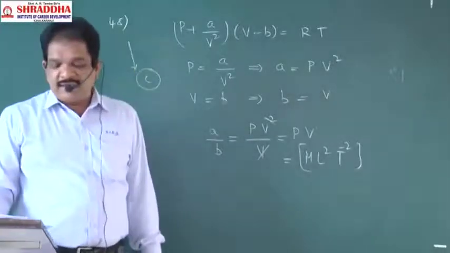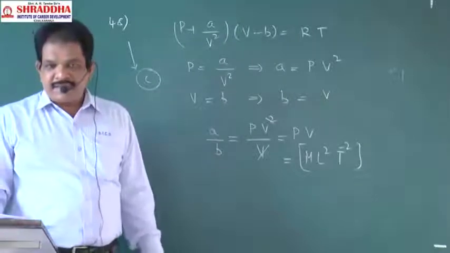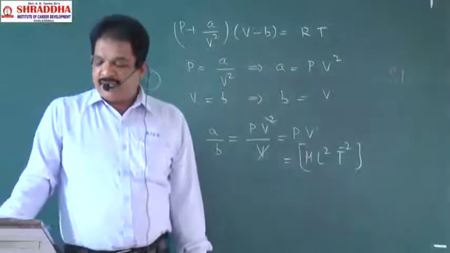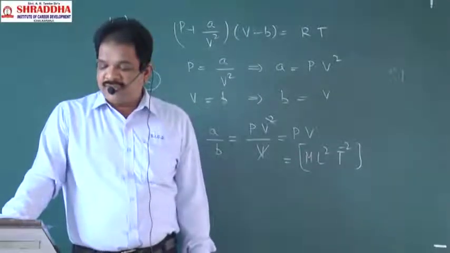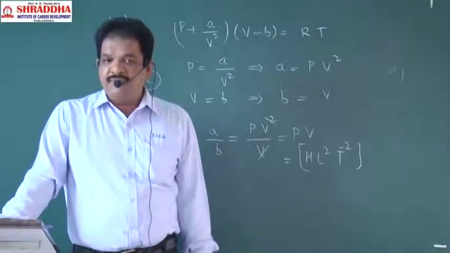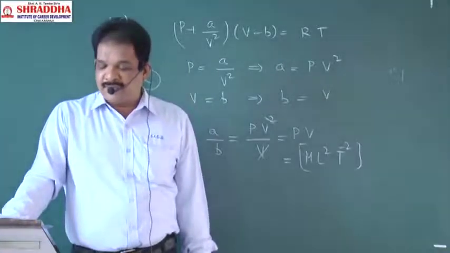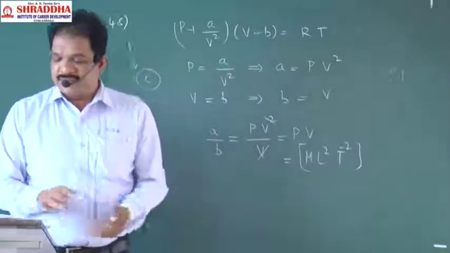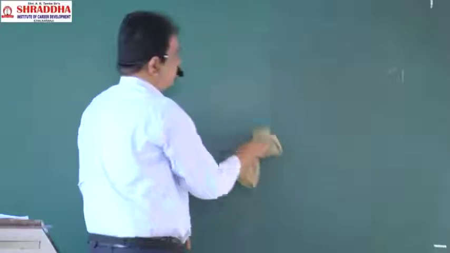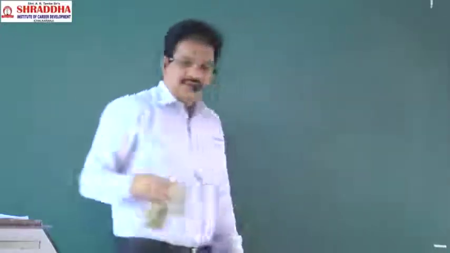Next 49. P is the pressure, X is the distance, T is the time. Then dimensional formula of A by B in the equation, P is equal to A minus T square by Bx. There. So one equation they give. What is the equation they gave?